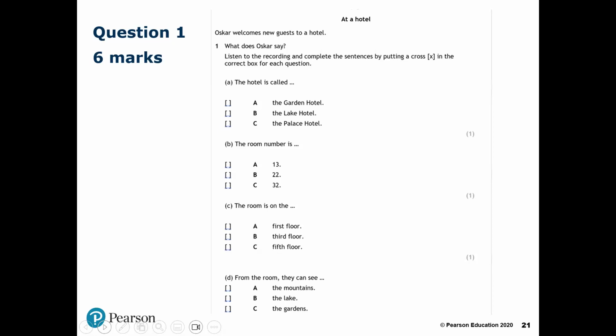The things as well that students might be wanting to do in their multiple choice in their 5 minutes preparation time is thinking, do I know the number 13, 22, 32? As you look at those, we've got 13 and 32.